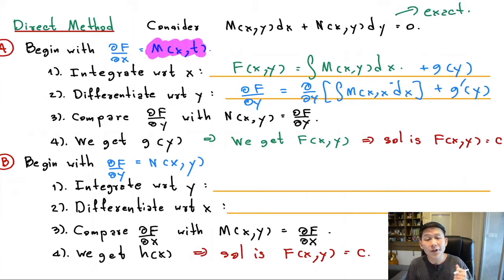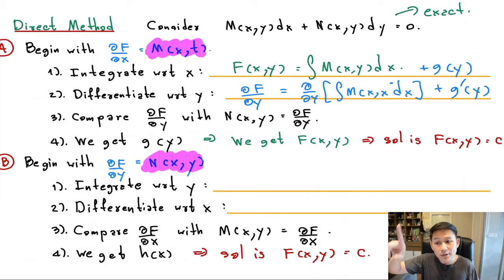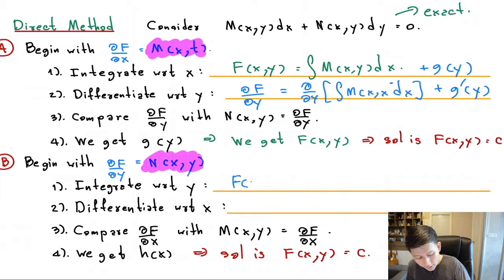Another choice is when you begin with df by dy equals N. In that case you integrate with respect to y first, so you will have f(x,y) equals the integration of N(x,y) dy plus h of x.